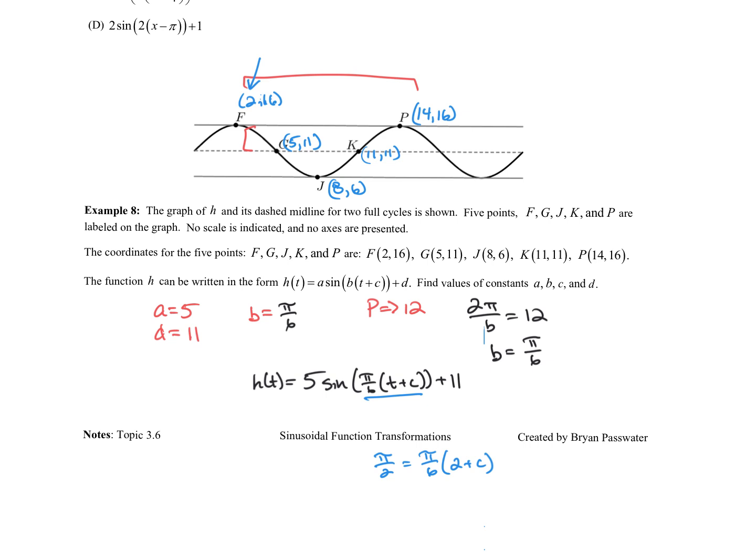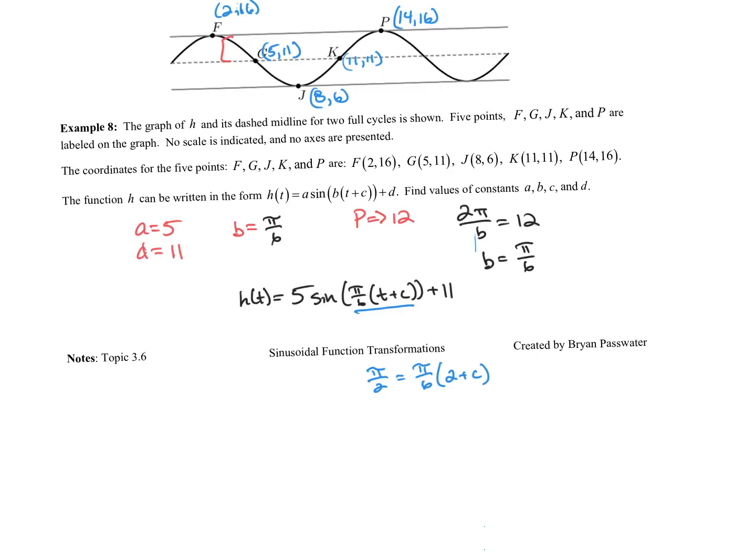Well, what's happening? So pi over 6 and this quantity 2 plus c are being multiplied, right? And so the inverse of multiplication is what? Division, which is the same thing as multiplying by its what? Its reciprocal. And so I'm going to multiply both sides, everything, by 6 over pi.